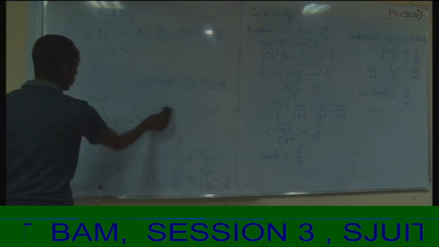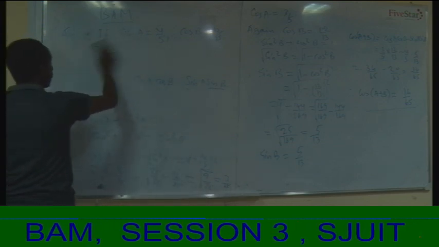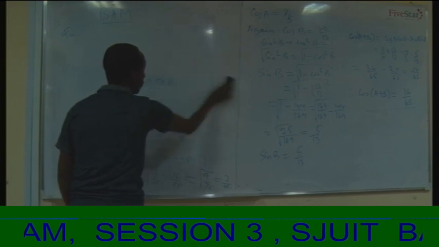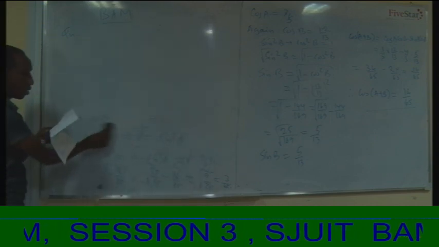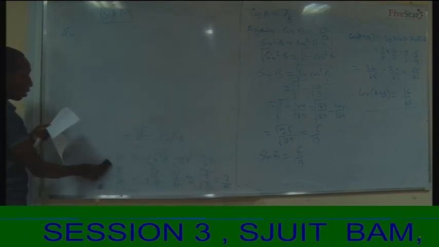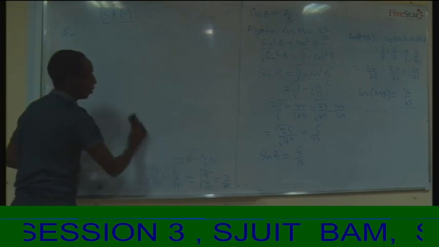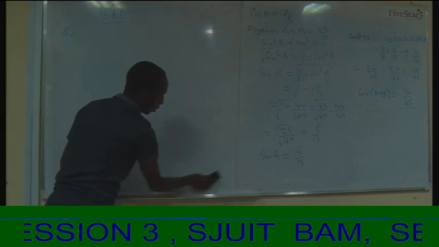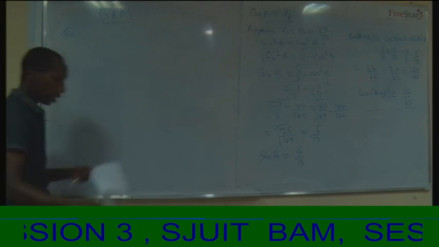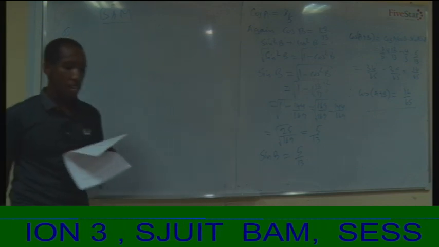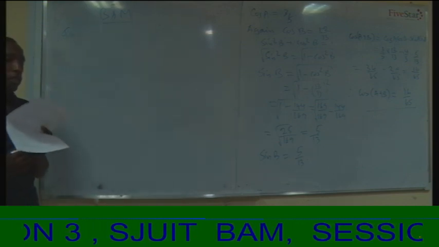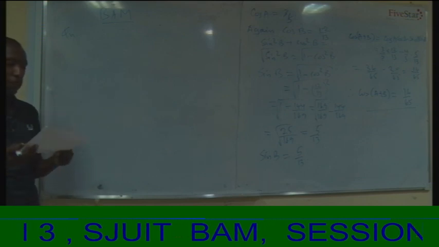The second part of this question is, we are given sine x as A. If A is sine x and B is cos x, then simplify the following expression.